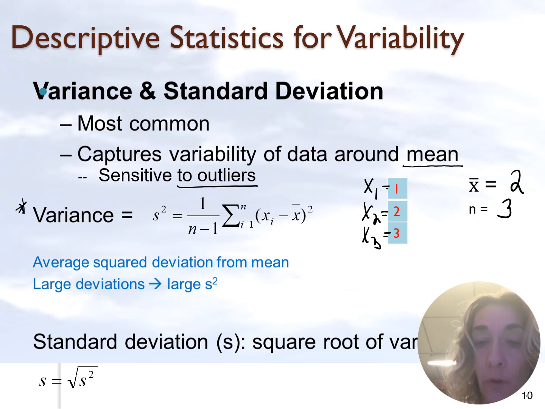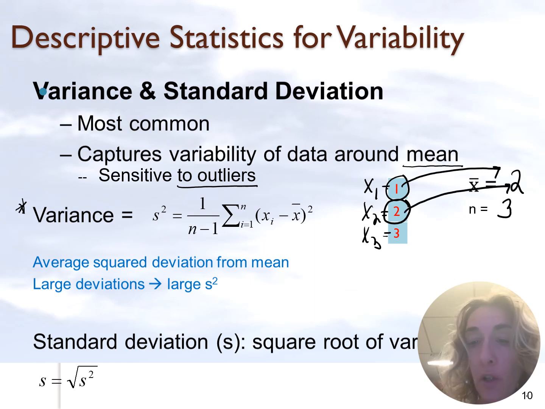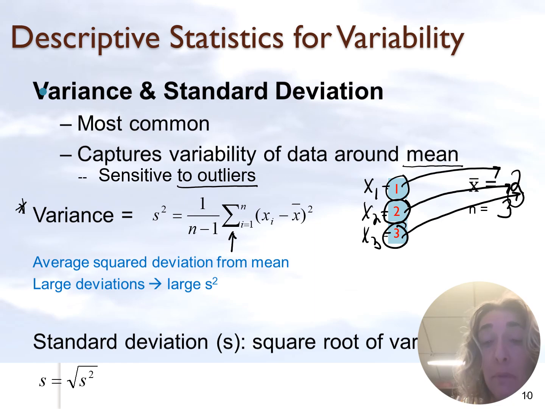Okay, so for example, to calculate the variance, we're going to take the difference between 1 and 2, square it. Add to that the difference between 2 and 2, square that. Add to that, because you see there's a summation sign, the difference between 3 and 2. Okay, sum those up, divide by n minus 1.